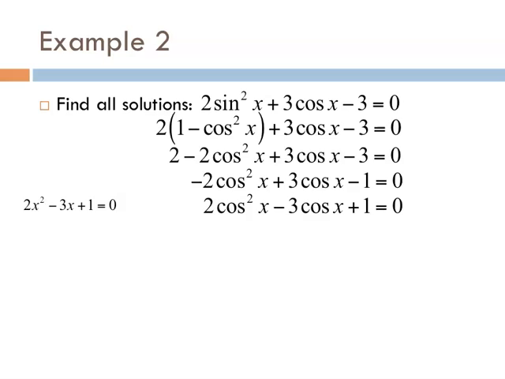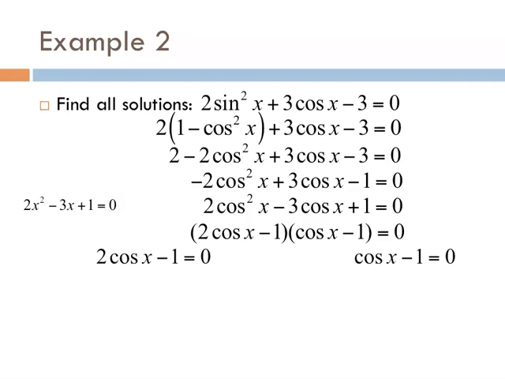We should end up with 2x minus 1, x minus 1, or in terms of your trig functions, that would be 2 cosine of x minus 1, cosine of x minus 1. Set each of those equal to 0. And then let's isolate the function. And now let's go ahead and figure out what x has to equal. So starting with cosine of x equals 1/2.